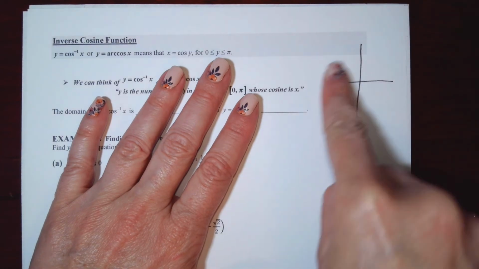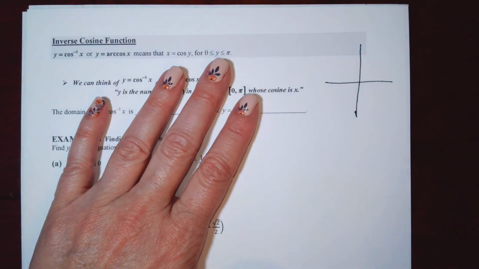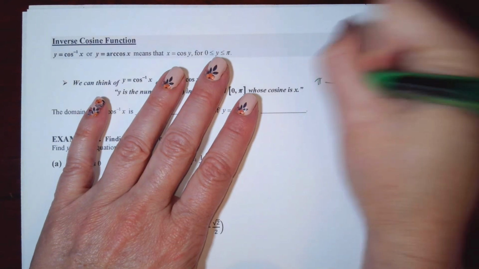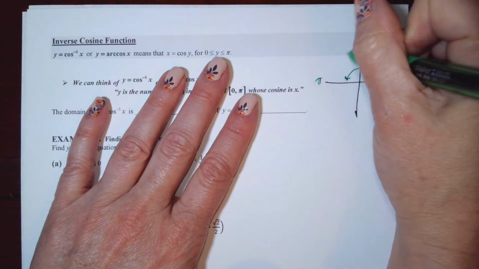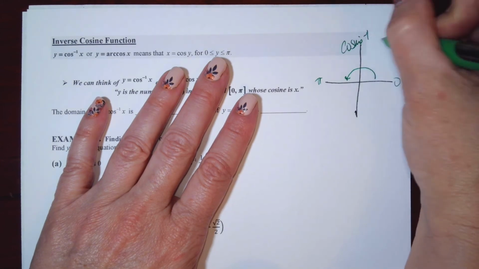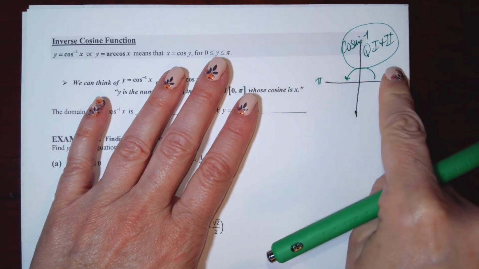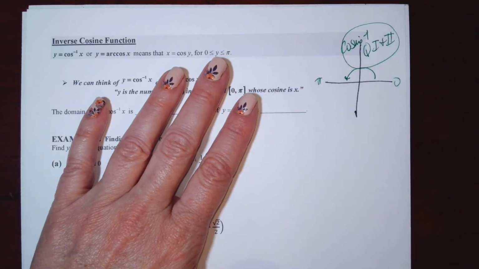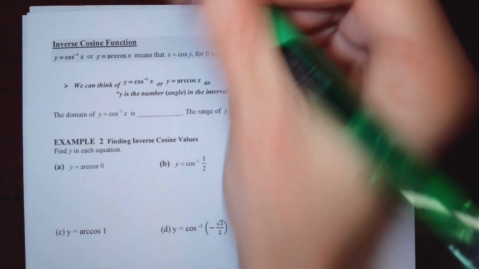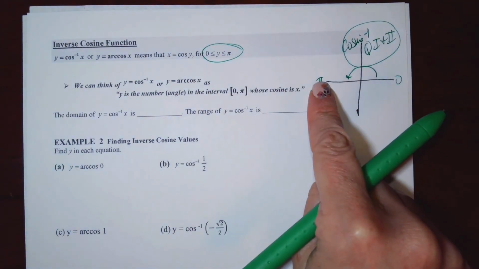It's negative over here in quadrants 2 and 3, so we can't use both of those. But if we go from 0 to pi, cosine inverse is restricted to quadrants 1 and 2. That gets all of our positive cosine function values and our negative cosine function values. So our restriction for cosine is from 0 to pi.